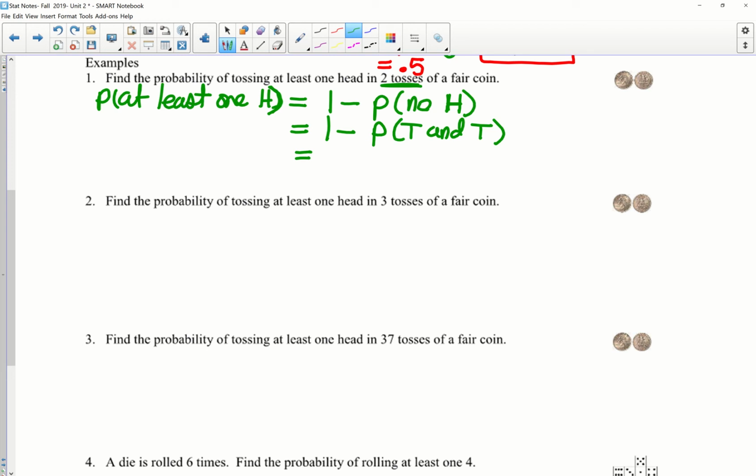I'm writing a lot more than you'd probably write on a test, only because, again, it's note-taking. 1 minus the probability of getting tails and tails again. I don't have to worry about the conditional, that vertical line thingy, because we're looking at independent events.